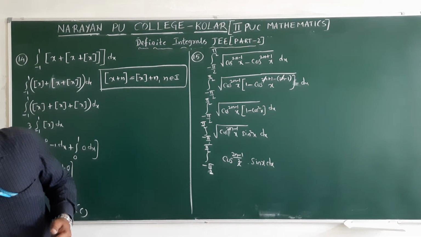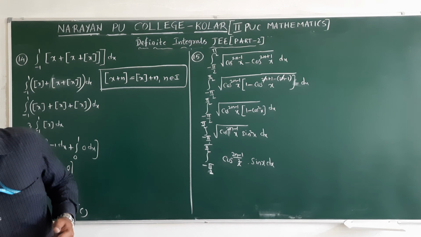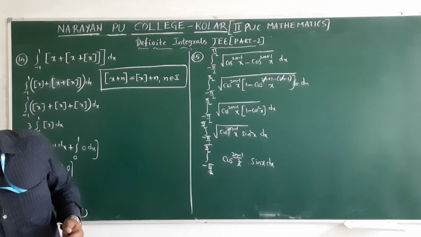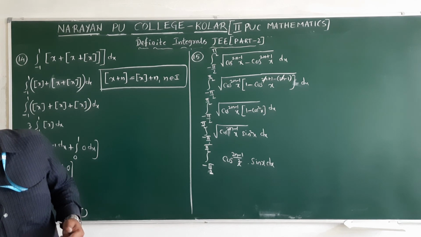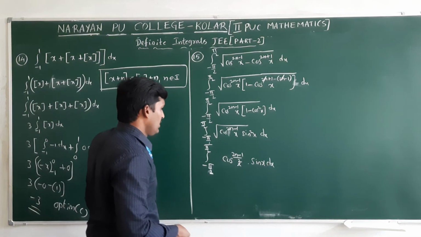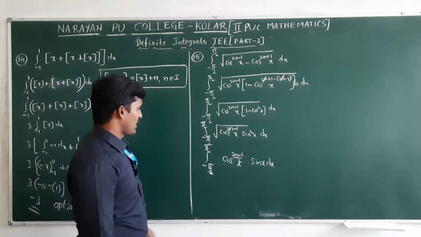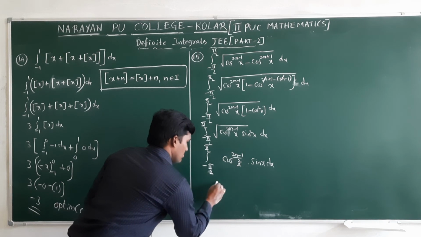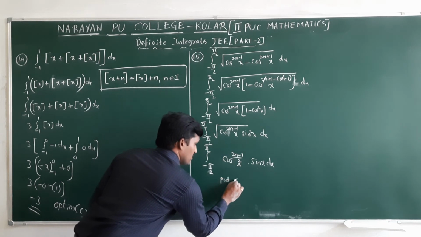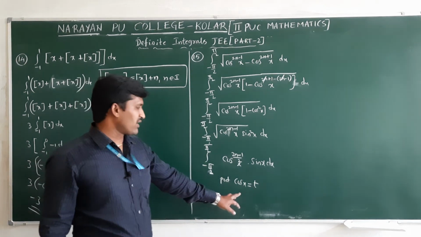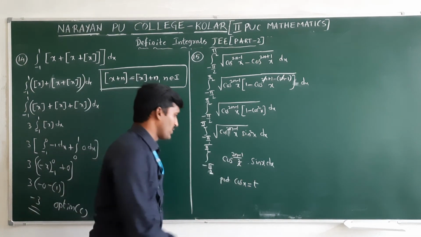Sin x will give cos power (2n minus 1) by 2 of x into sin of minus x, that is minus sin x. Okay, no problem. Here, consideration-wise, from minus pi by 2 to pi by 2, I will put cos x is t. The reason: the derivative of cos is sin, that is minus sin, no problem.